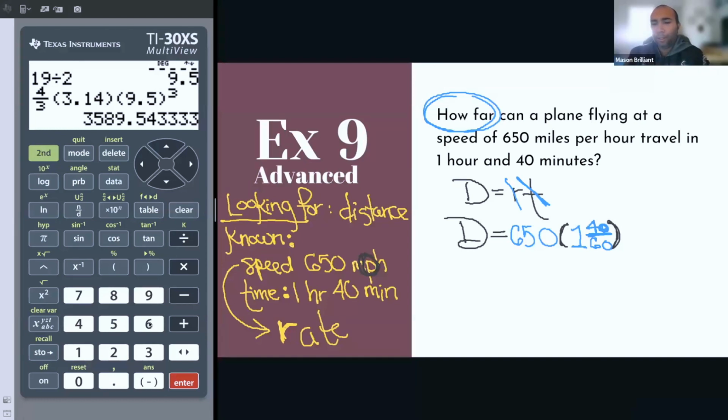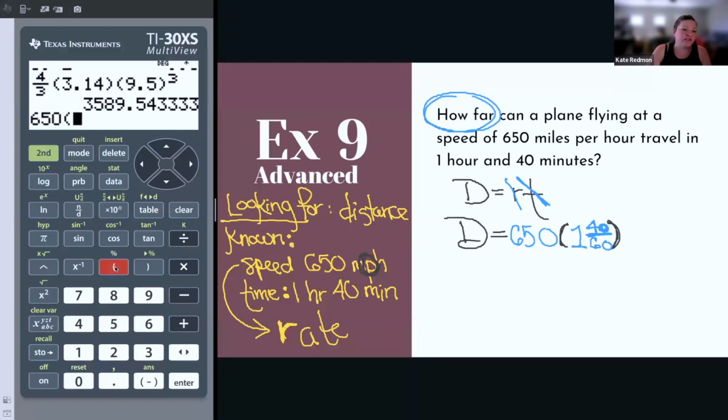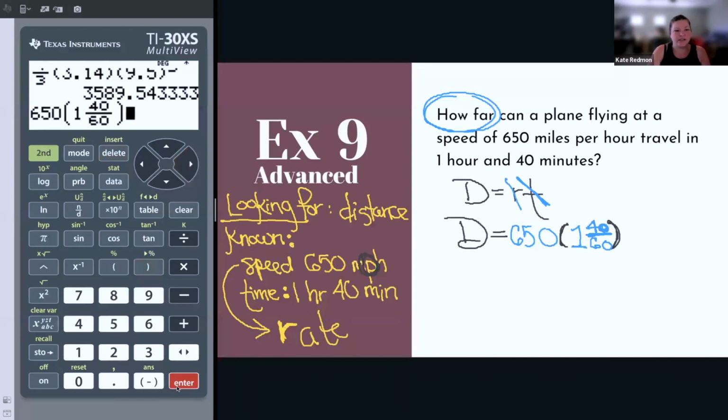Beautiful. Let's type it into our calculator. 650 times the quantity. I need a mixed number. And so I will hit second U N over D, and I'll put in that 1 hour and 40 out of 60, a part of an hour. Whoa, look what I did. I put the parentheses inside. Don't forget to arrow out before you do the parentheses.